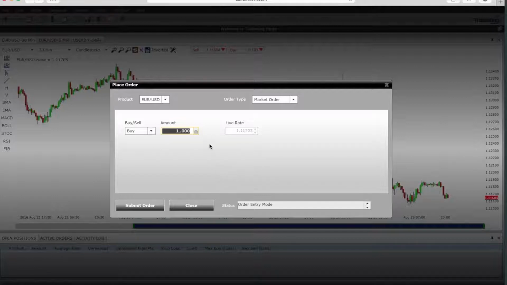So that's one of the advantages of a market order: your order will be executed instantly. But on the other hand, if you were to enter this order without setting a price, in theory, the currency pair price could spike up from some sort of event, and then you would pay a lot more than you were hoping for.